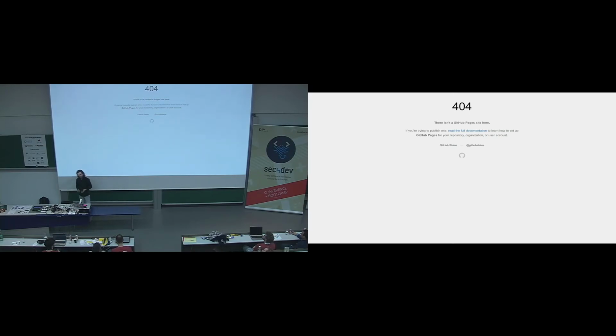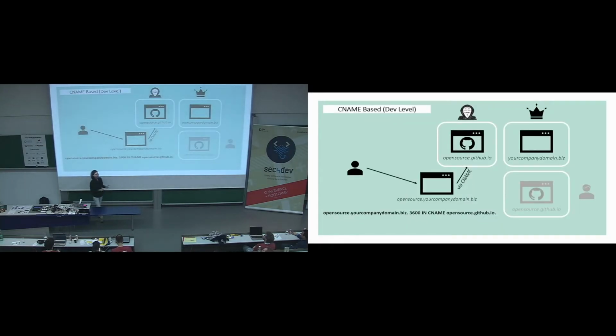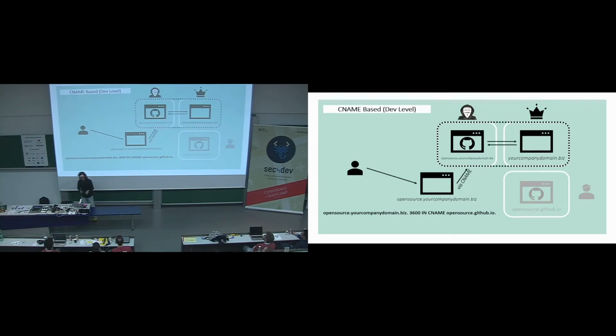And then you end up having the exact same situation as before. You could browse to opensource.github.io, which is the GitHub Pages site, but you could also go to opensource.yourcompanydomain.biz. Same situation as before, same cookie problems, same phishing problems, whatever. You can come up with creative ideas what you can achieve with a situation like that.